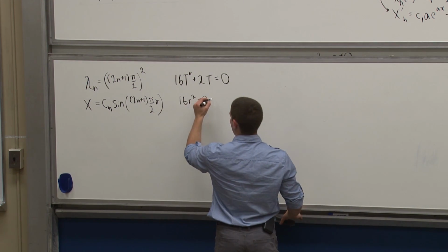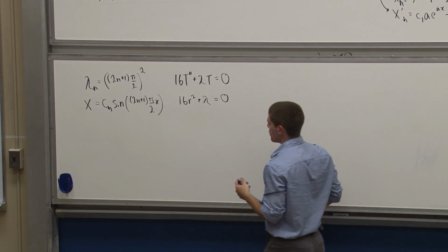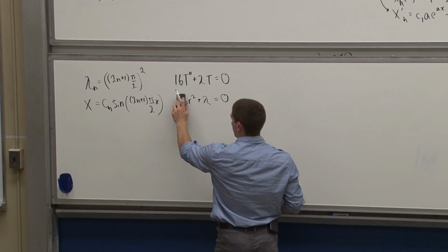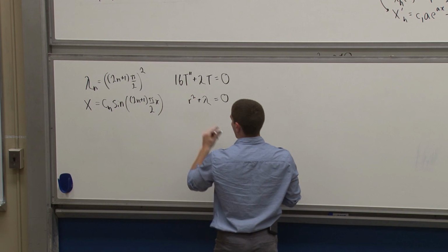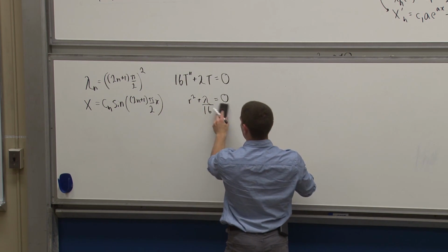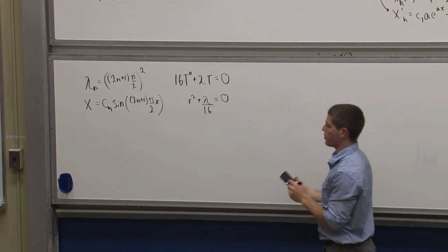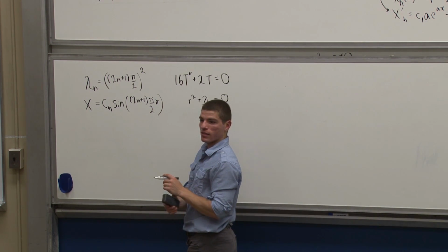So we have plus lambda equals 0. Now we could divide by 16, that equals 0 still. So we have r squared plus lambda over 16 equals 0. Question? No?